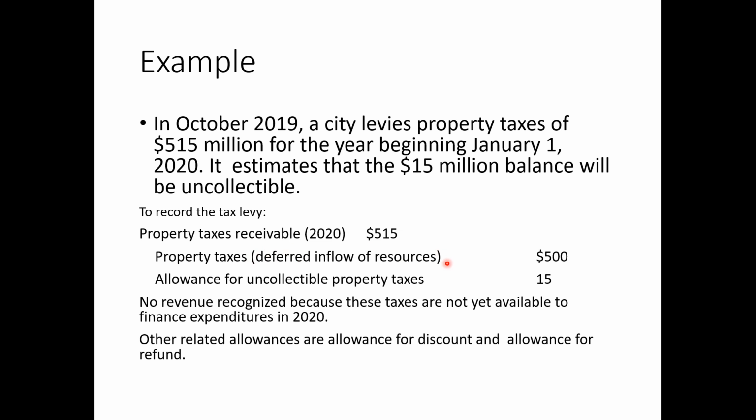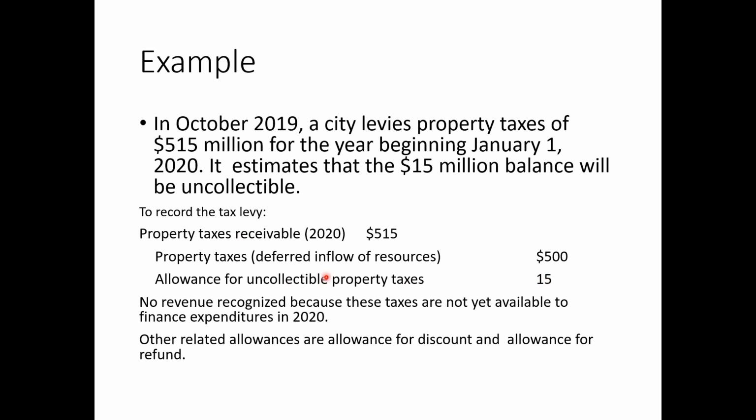This can be viewed as deferred revenues in accrual accounting. The idea is the same. They're not revenues, they're to be revenues soon. Deferred inflow of resources, property taxes, which is the total amount levied less the uncollectible amount, and we credit allowance for uncollectible property tax, $15 million.